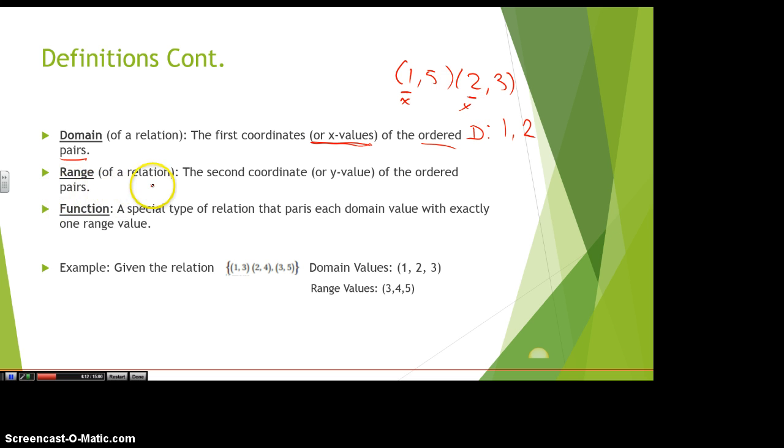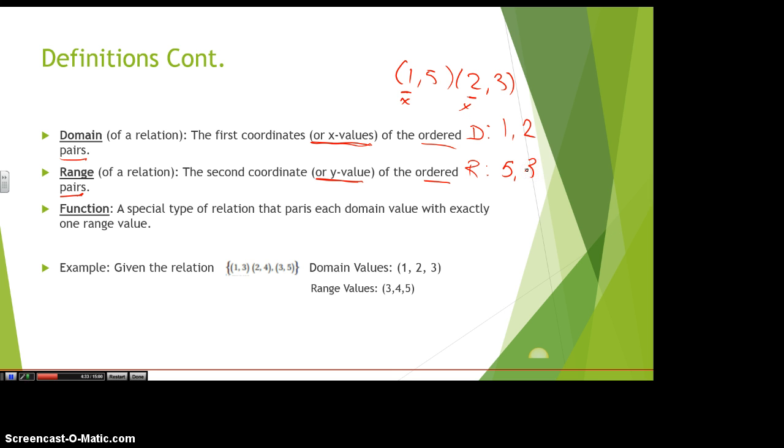The range of a relation is the second coordinate, or the y value, of your ordered pairs. So when you look at these two examples, my range is going to be 5 and 3.